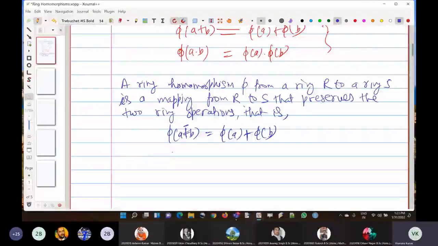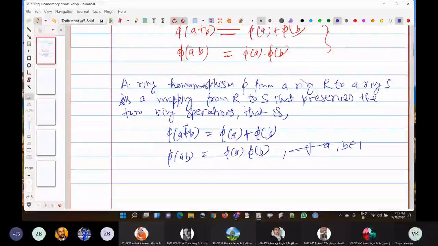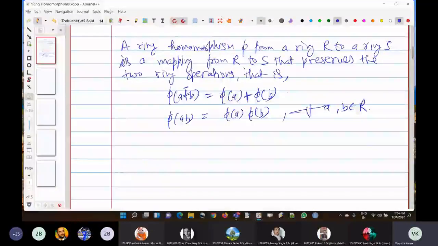Another property is that phi of a times b should equal phi of a times phi of b. And this should be true for all a, b belonging to the ring R. Fine. In groups, we used to verify this much only, and in case of rings, we need to verify these two. So there are examples. Let us see.